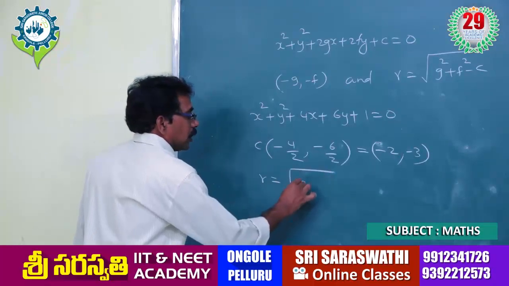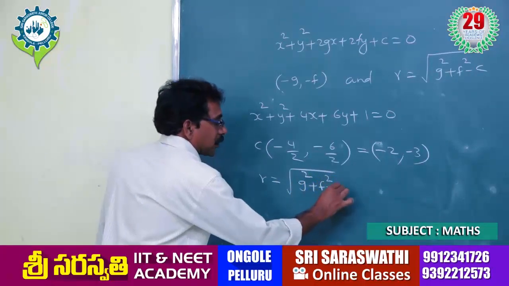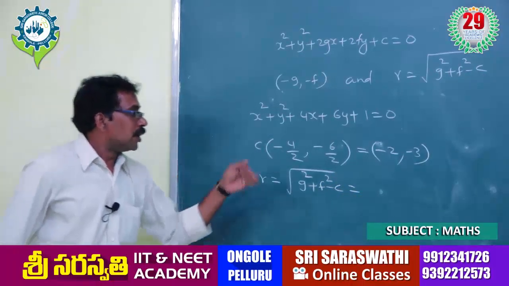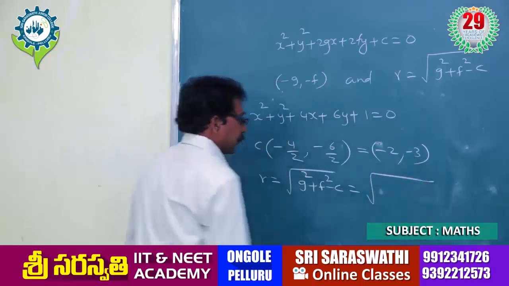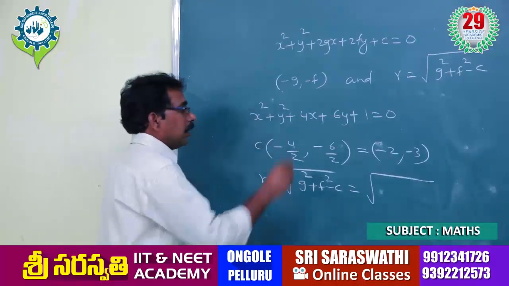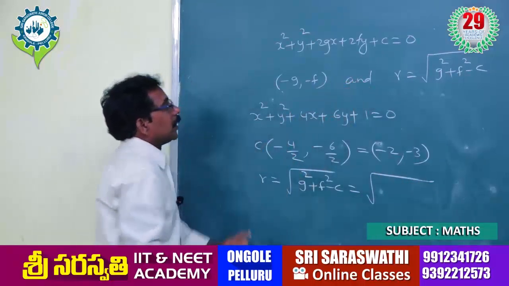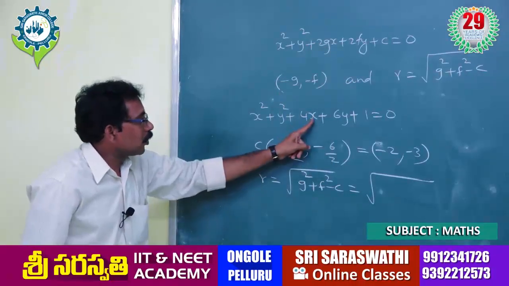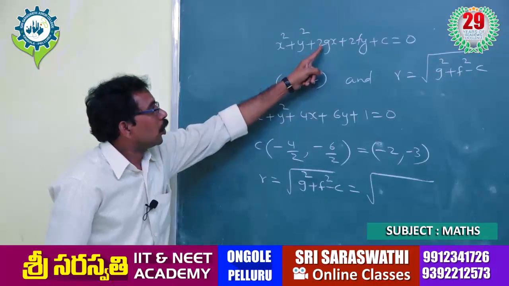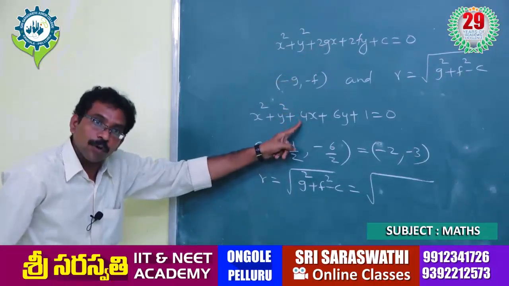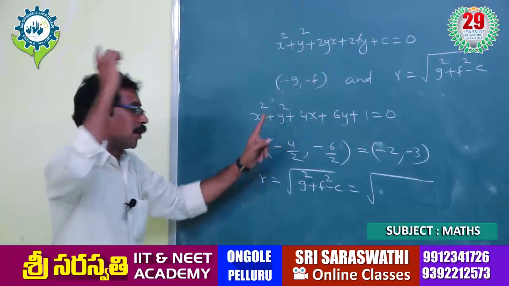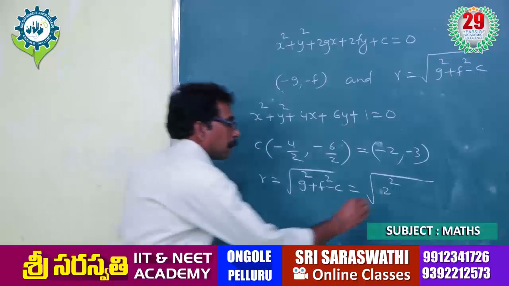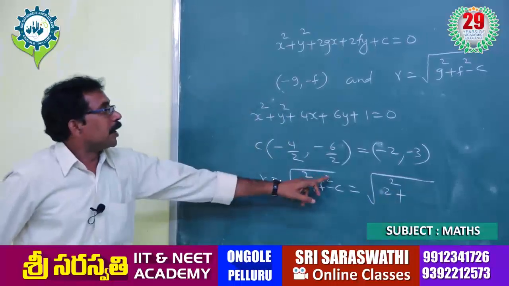And the radius r is equal to root of g square plus f square minus c. Here the x coefficient is 2g, and it is 4. So 2g is equal to 4 implies g is equal to 2. So g square is equal to 2 square plus f square.